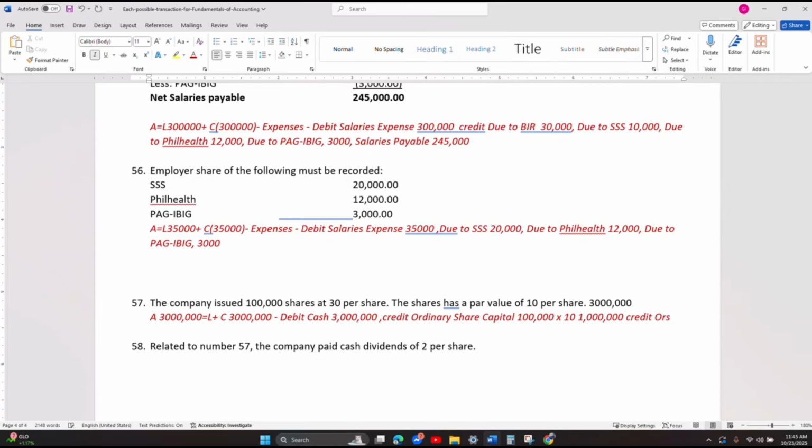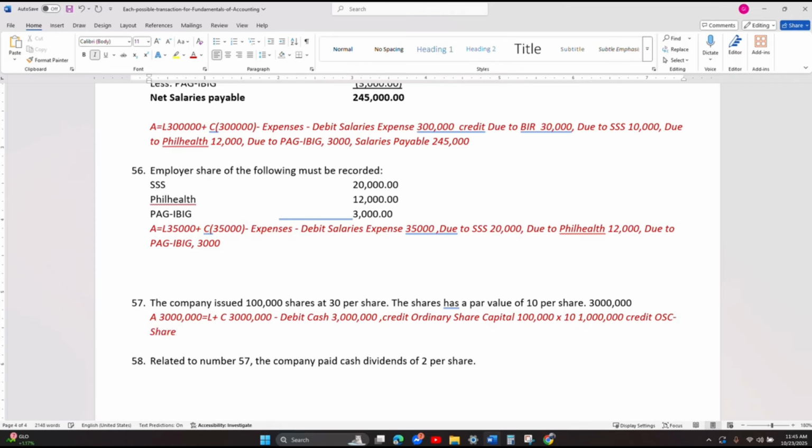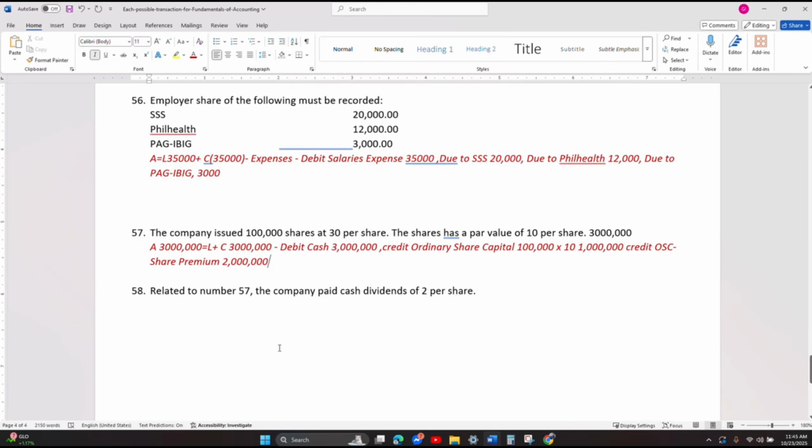We have ordinary share capital, and share premium. These accounts are unique for corporations. So the balancing figure, if there is a debit cash of 3 million and a credit of ordinary share capital at par of 1 million, the share premium is 2 million. That's the entry. Okay? So that's it for number 57.